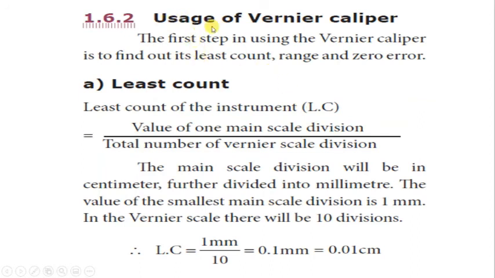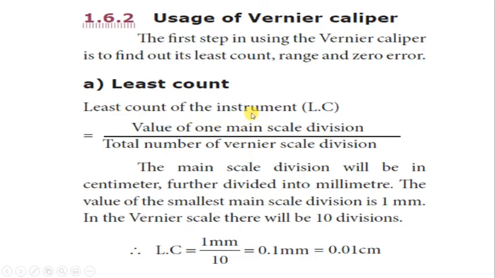Next, how we can use this vernier caliper. The first step in using the vernier caliper is to find its least count, range and zero error. So what is meant by least count?